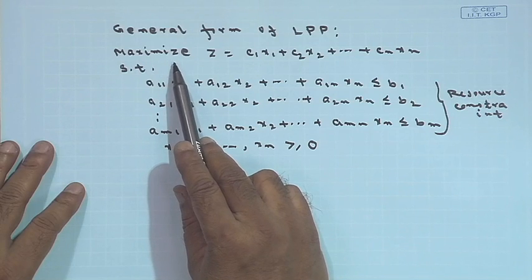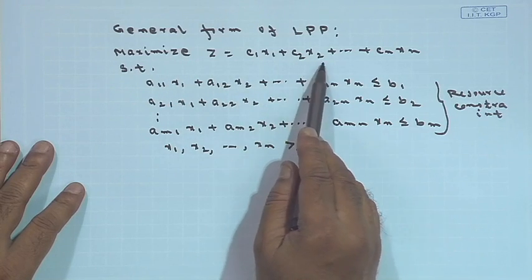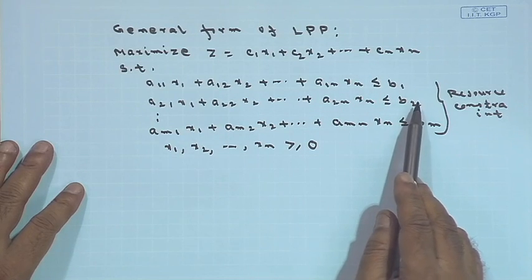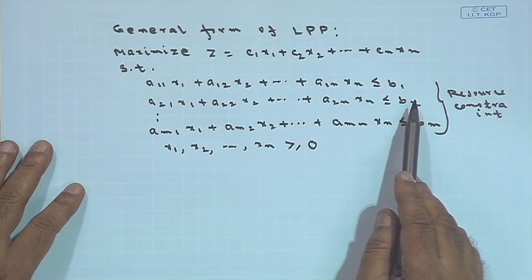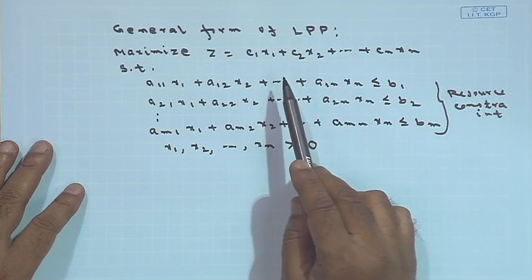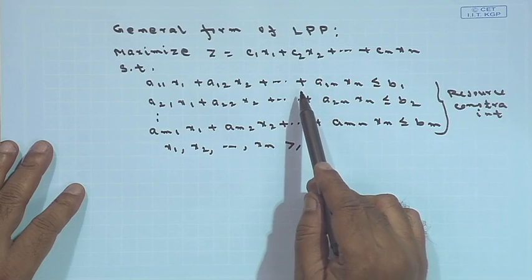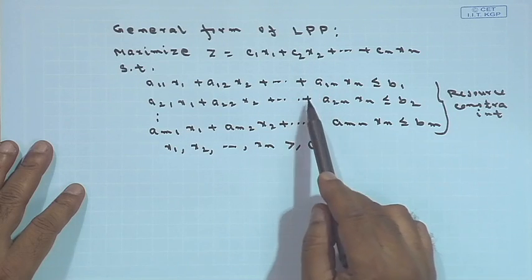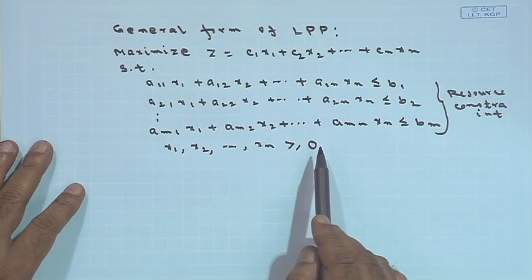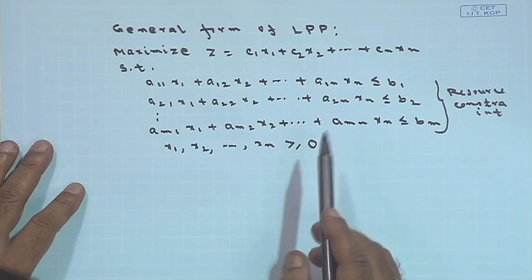It can be maximize or minimize the function Z equals C1 x1 plus C2 x2 plus Cn xn, subject to satisfying certain constraints. And please note that linear programming problem means, from the name itself it is clear, the objective function as well as the constraints will be linear in nature. The variables will be only non-negative, it may be discrete, it may be continuous.